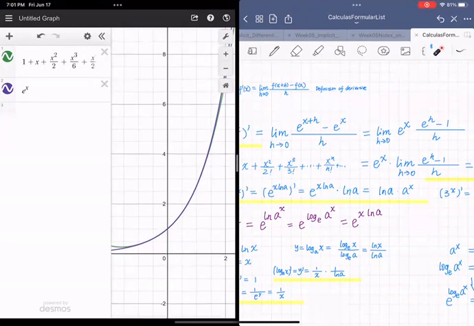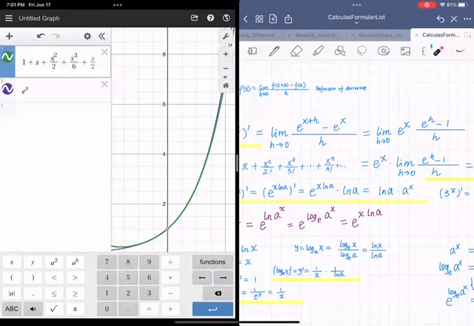I see that they are not exactly matching. What can you do? Easy. You can add another next term by putting x to the power of 5 divided by 5 factorial, which is 120. You see? You can keep adding.